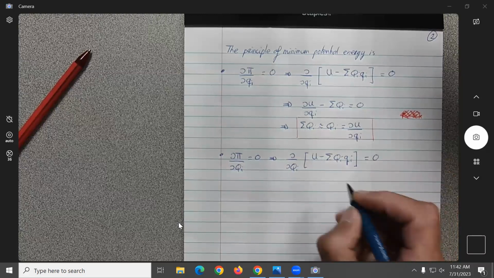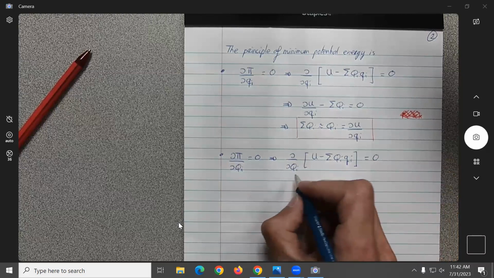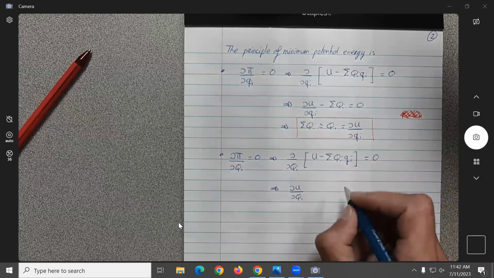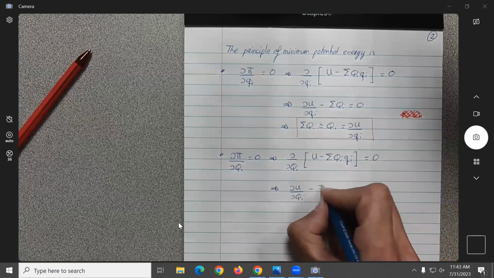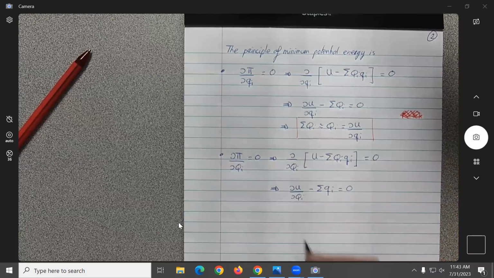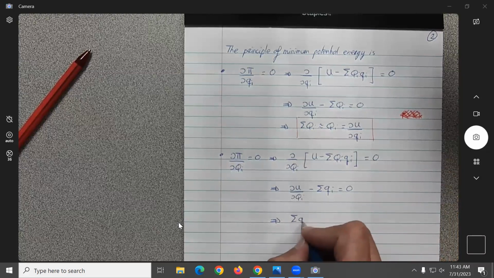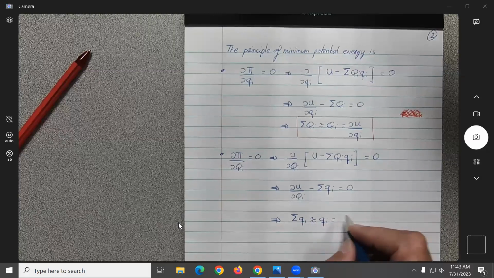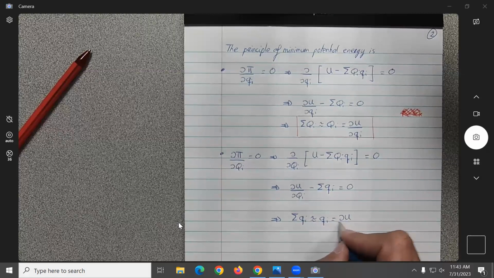So basically it's exactly the same thing, but we reverse the role of the Q. So this is going to give you partial U partial Q equal to the summation of the deformations at that location. Basically, the deformation at the point is equal to the partial derivative of the strain energy with respect to the general force.